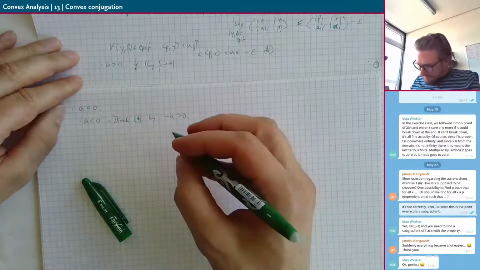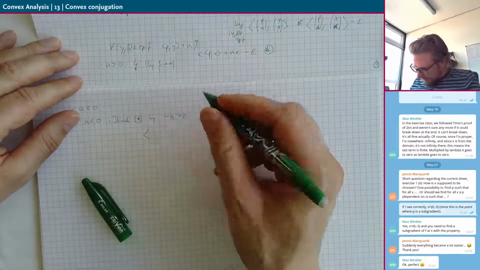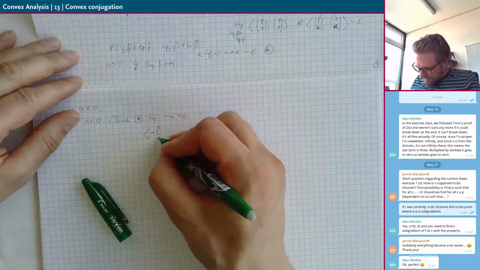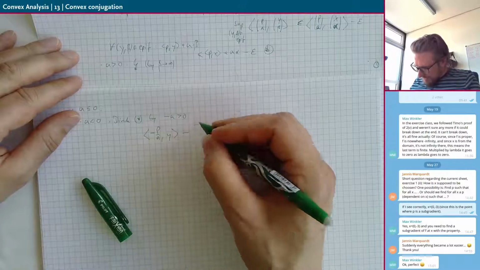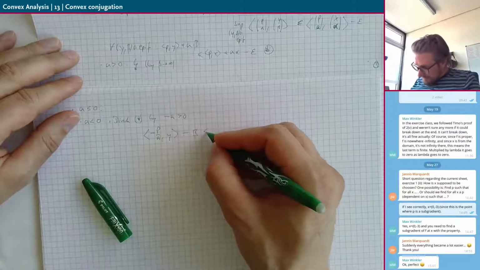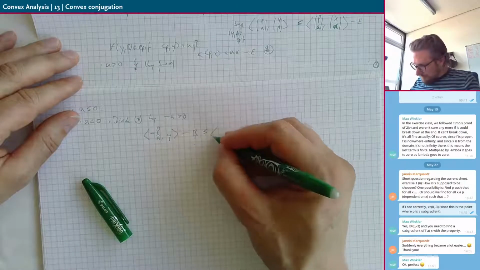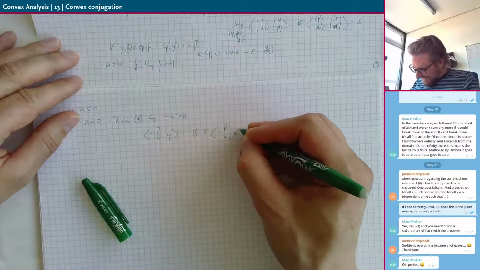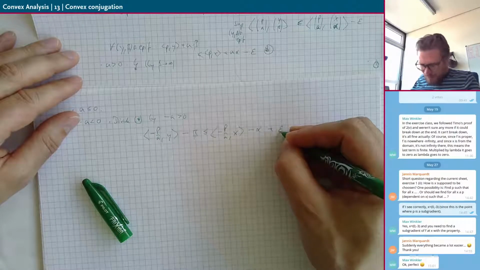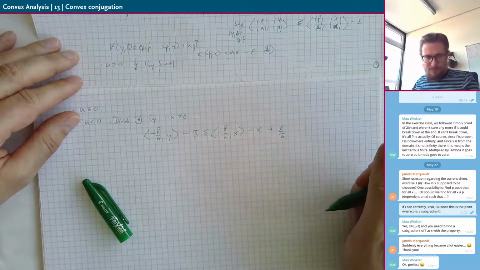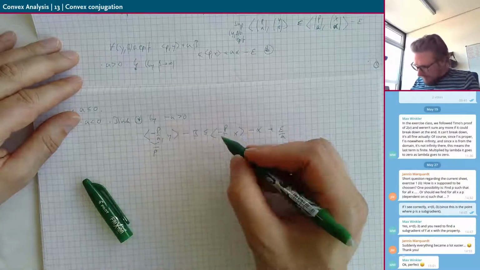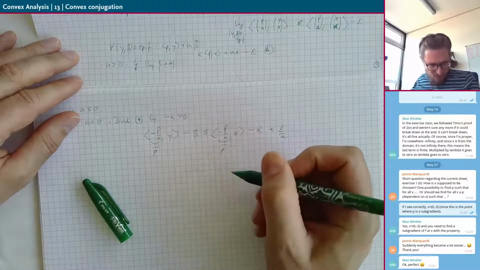We get minus p over a times y minus beta, still smaller equal to minus p over a times x minus alpha plus epsilon over a. And we're going to set this value to p bar.